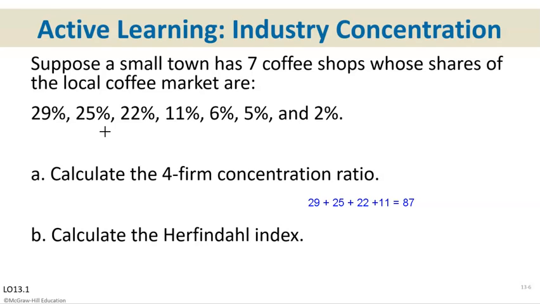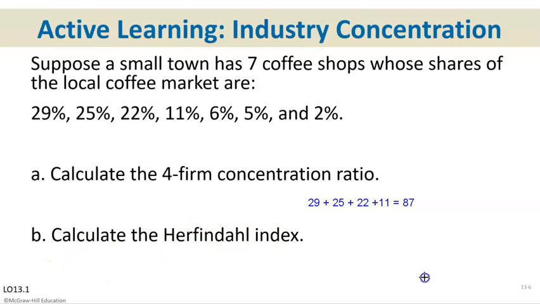So this is sometimes written as a percentage, so you'll insert your answer as 87%, but just pay attention to what the homework is asking. A lot of times when we look at the chart of numbers and we're comparing the 4-firm concentration ratios for different industries, they do not put the percentage sign on there. So just pay attention.